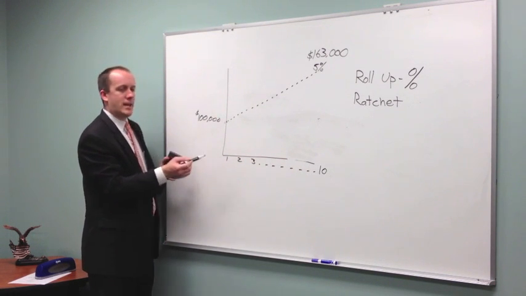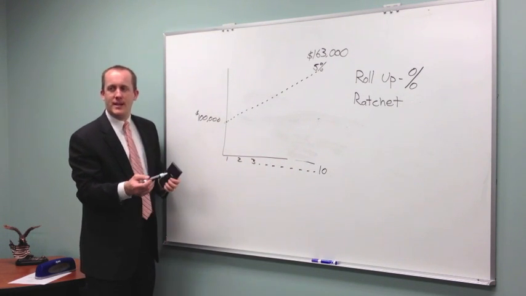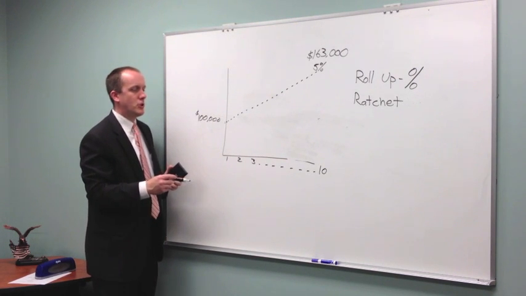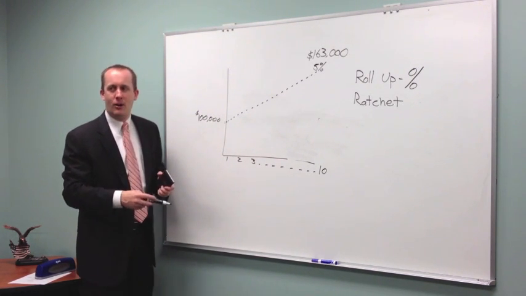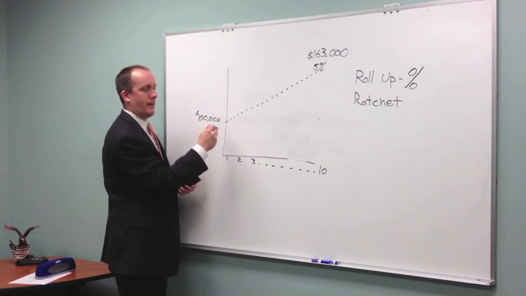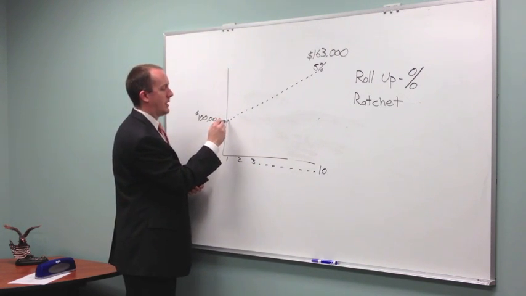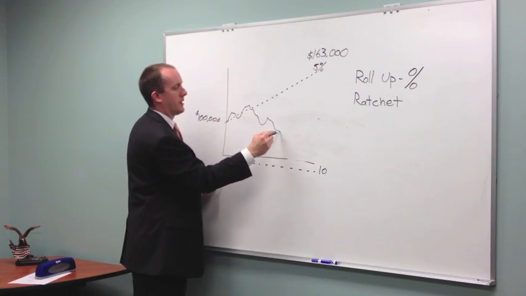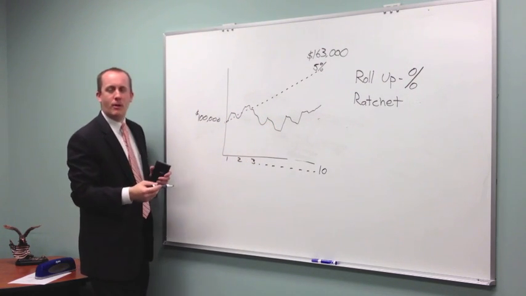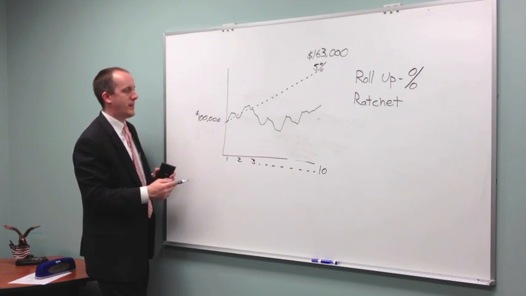Now, the underlying investments are, of course, invested in the different allocation that you chose. So some of those mutual funds might go up, some might go down, depends what's going on in the markets. Let's assume, for sake of this illustration, that the investments do something like this. They go up, but it's a choppy ride, and over that 10-year period, you receive some very modest growth from those investments.